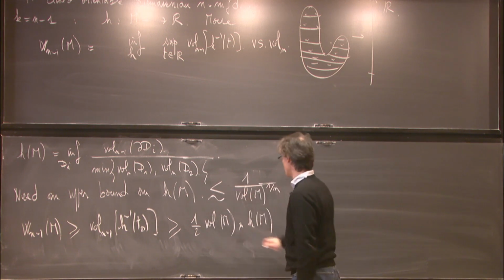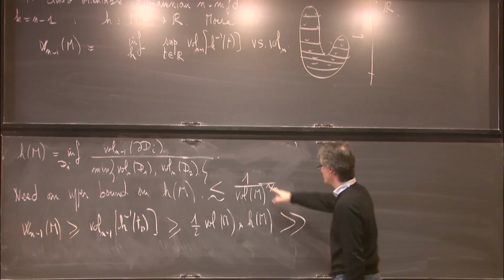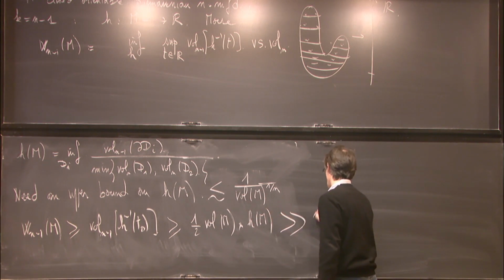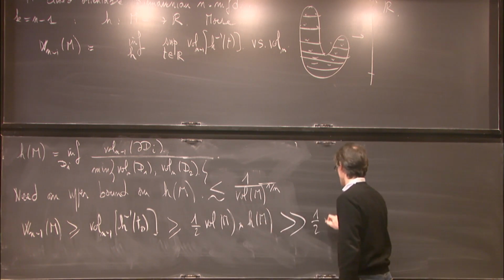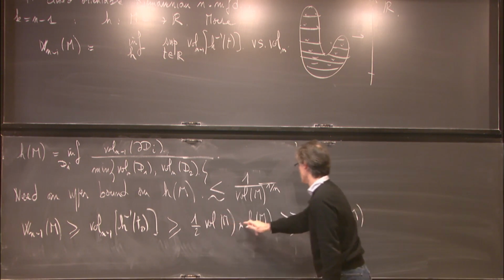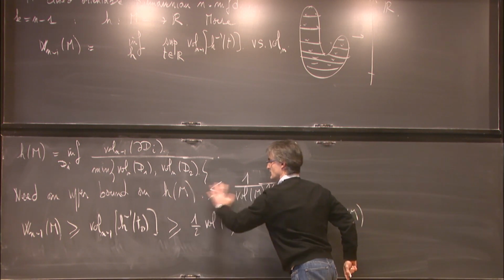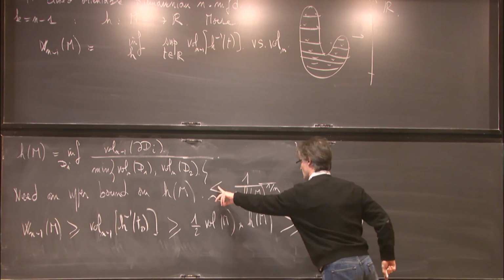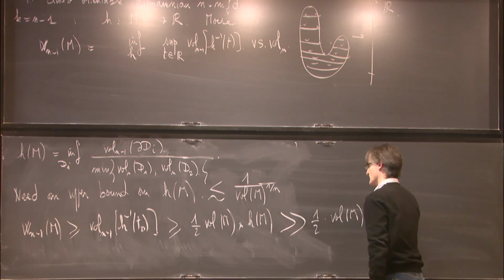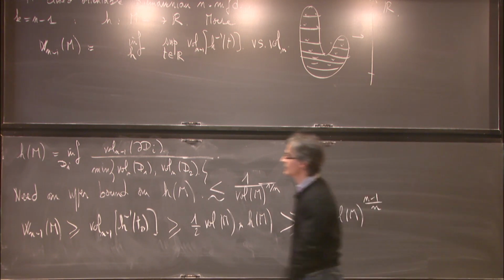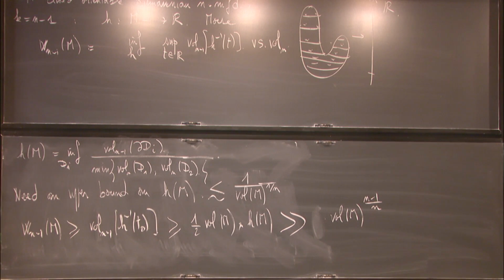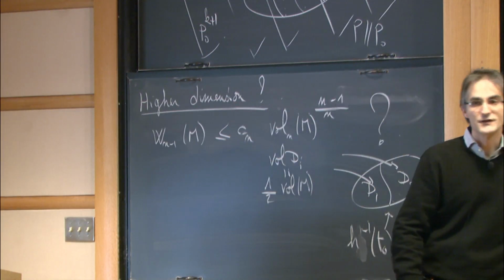Because if you don't have this, then you see that you get, I mean, if you don't have this upper bound, then that means that you have another lower bound there, and that would give you n-1 over this. Okay, so it's very different from that. So we need an upper bound on the Cheeger constant.